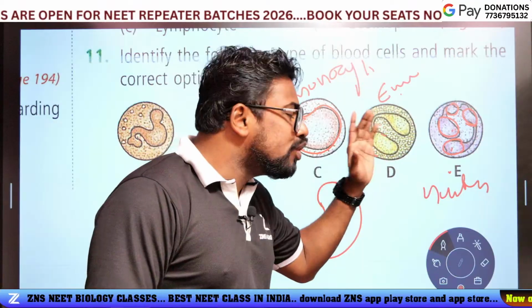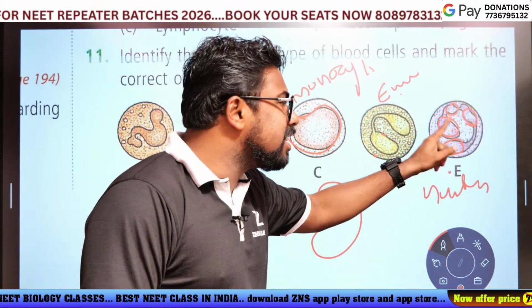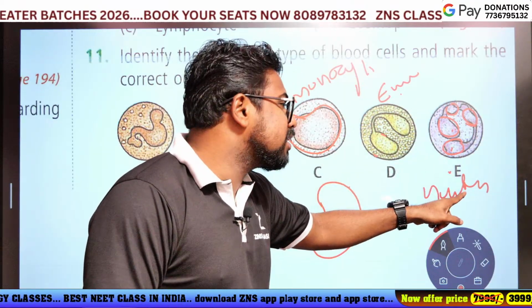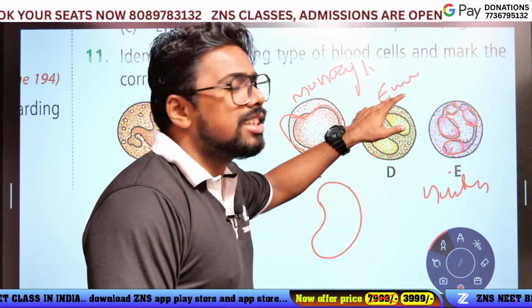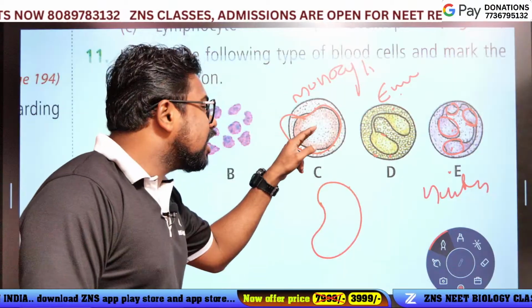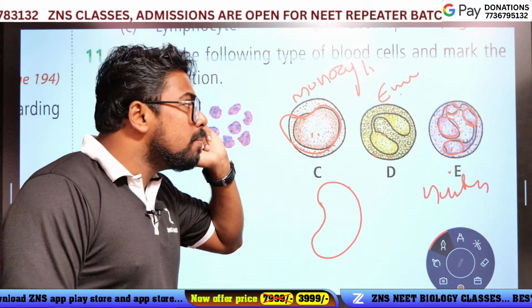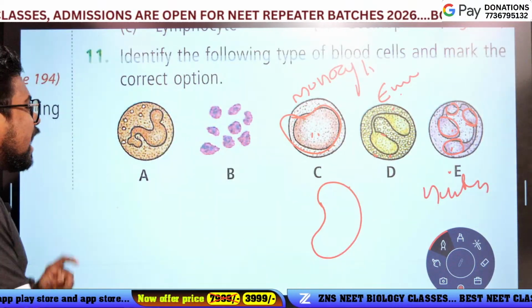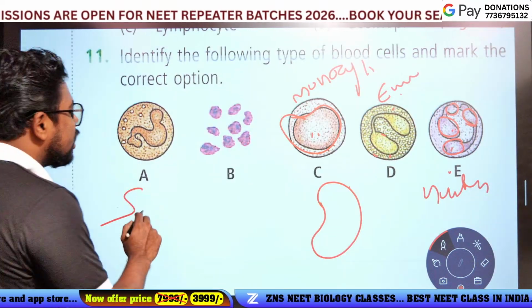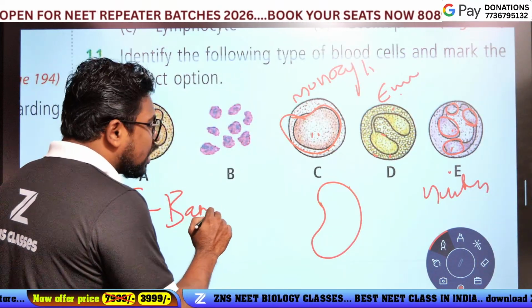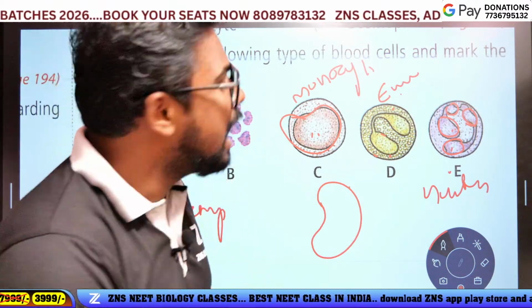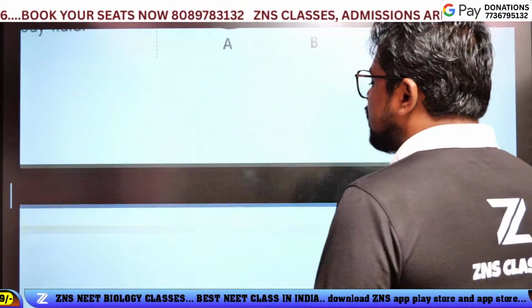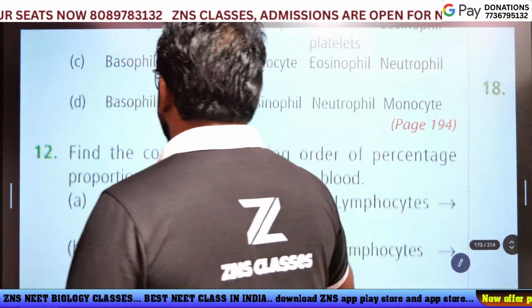First of all, study your NCERT book. A multi-lobed nucleus is called a neutrophil, a bilobed headphone nucleus is eosinophil, a kidney-shaped nucleus is called a monocyte, and an S-shaped nucleus is basophil. This is the idea; easily you crack your exam. Which is the answer? Come on, give the answer.